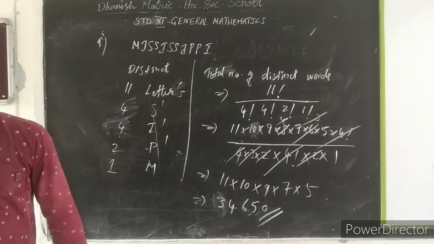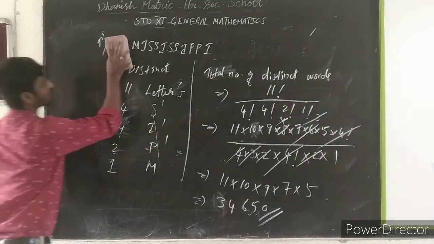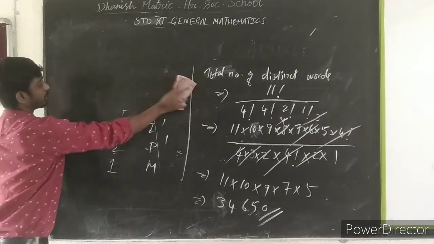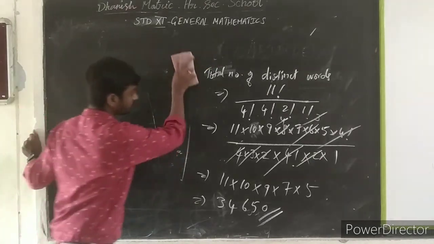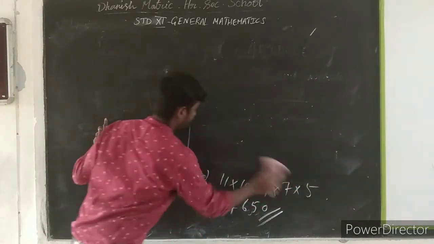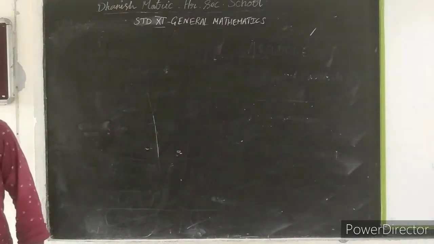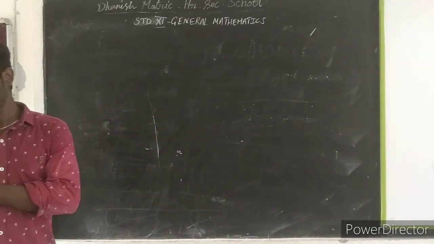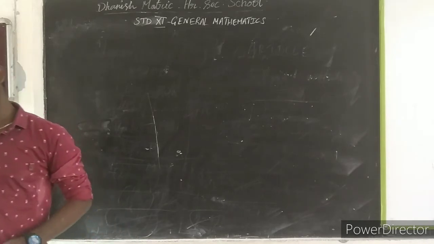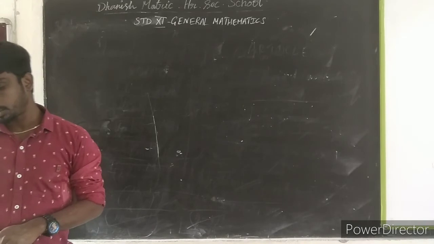So let us solve the 12th question. It is also the same procedure you are going to follow. So what is the question given here? In how many ways can the letters of the word SUCCESS be arranged so that all S are together?